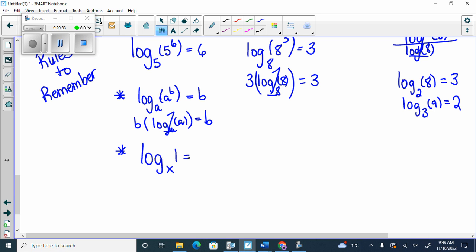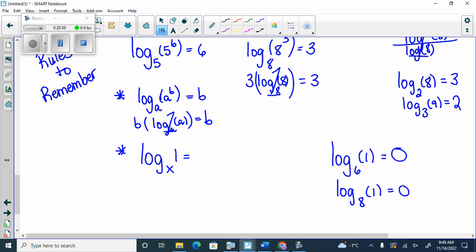So say I go log base 6 of 1. Type that in. You're going to get 0. If I do log base 8 of 1, I'm going to get 0.